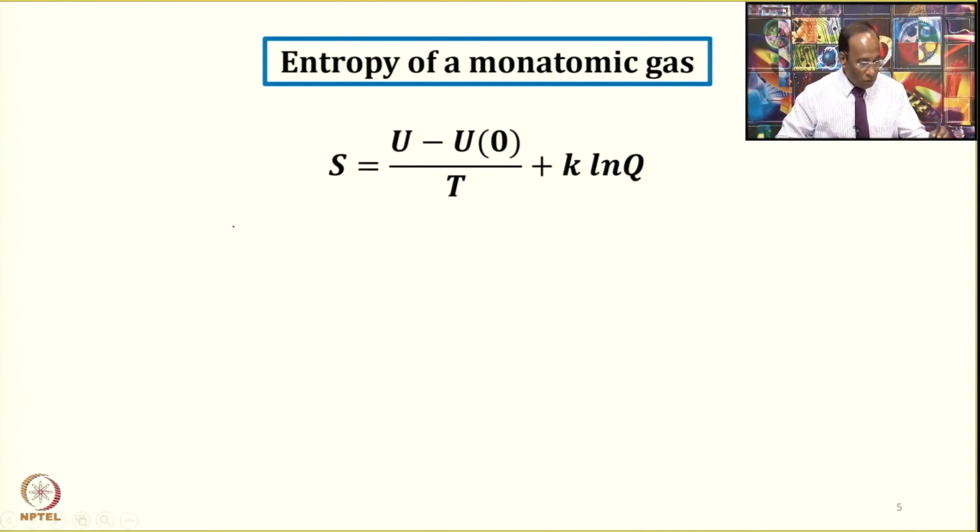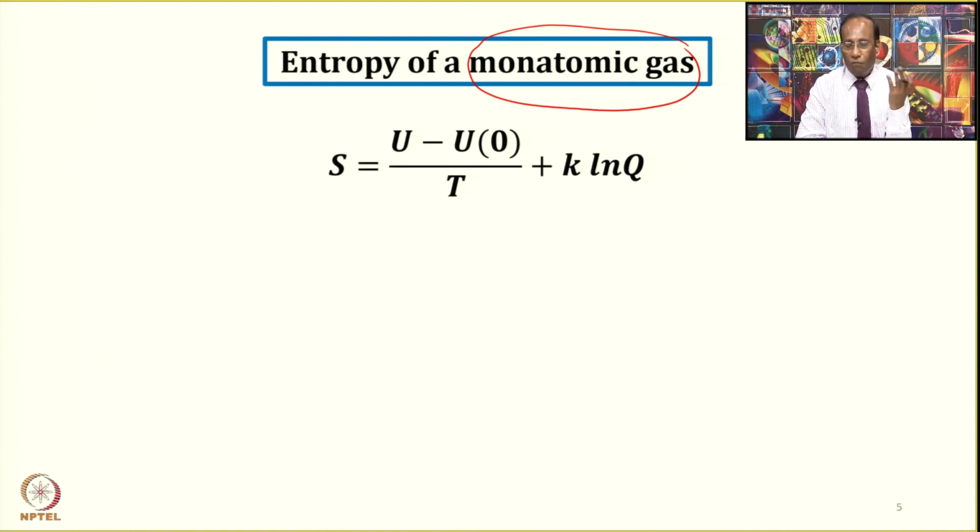So, when you say monatomic gas, then we need to decide whether we should use q raised to the power N or we should use q raised to the power N by N factorial. That means we need to decide whether the system given to us has distinguishable particles or indistinguishable particles, distinguishable atoms or indistinguishable atoms.